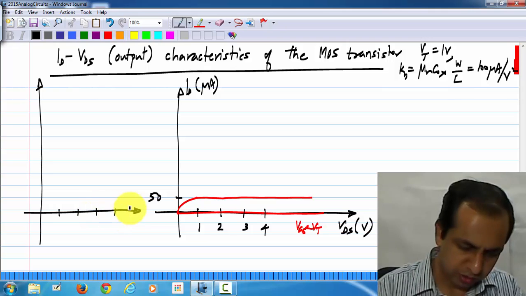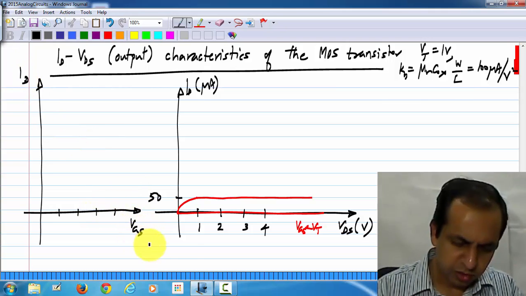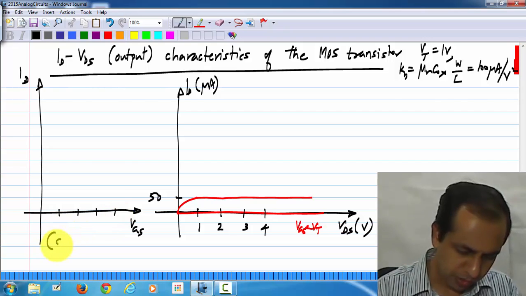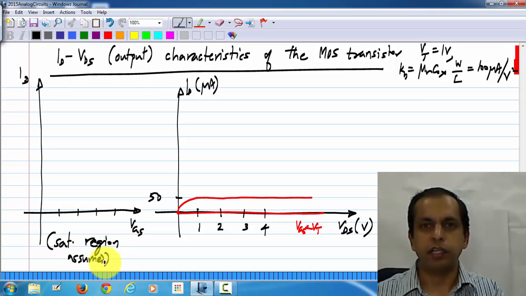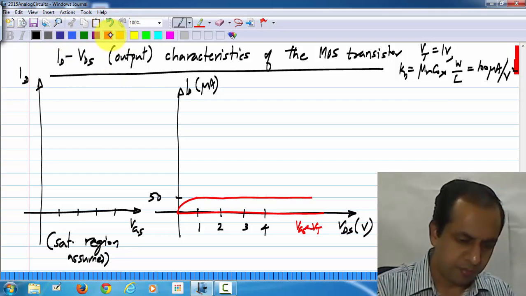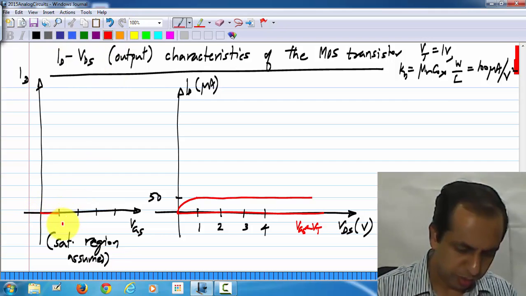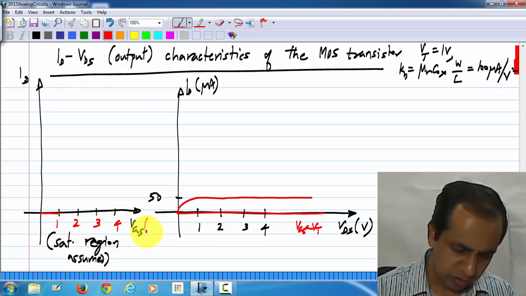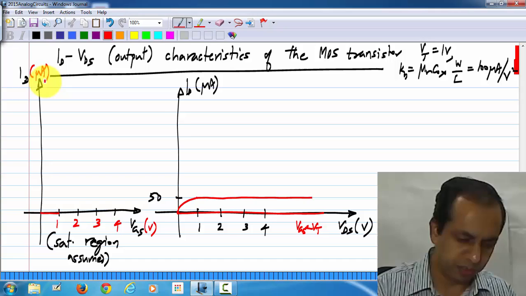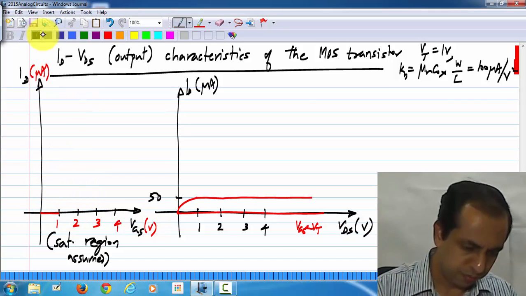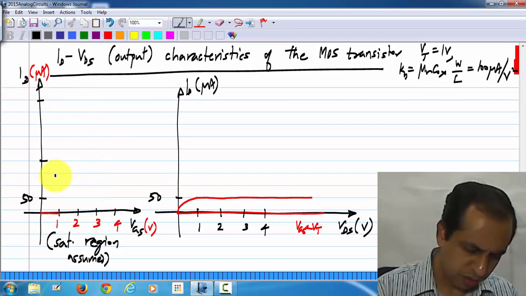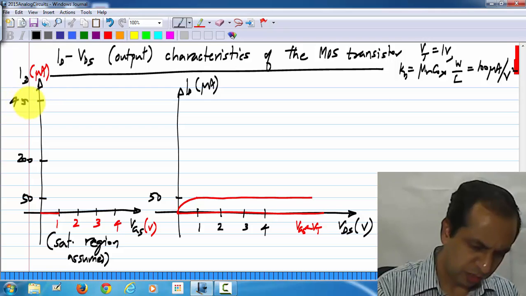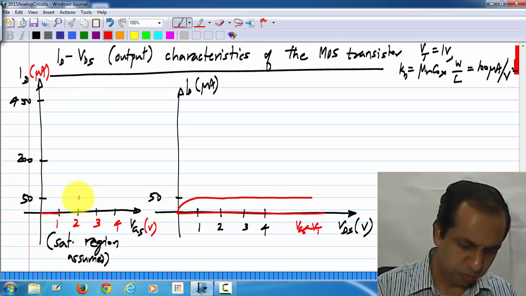Also if I plot the ID versus VGS, assuming saturation region, which means that VDS is assumed to be large enough, we would get a parabola. This is in volts, this is in microamperes. For a VGS of 2 volts, we have 50 microamperes.